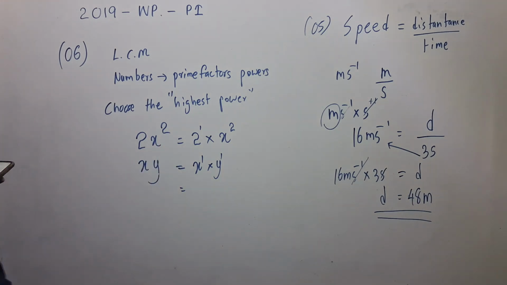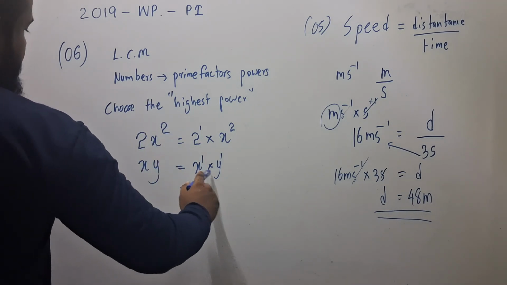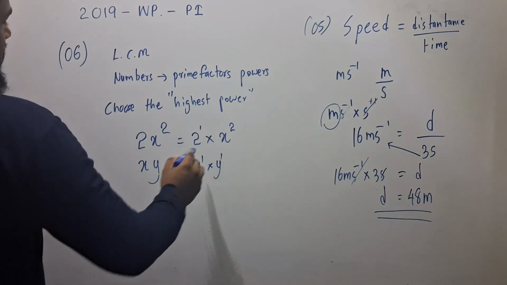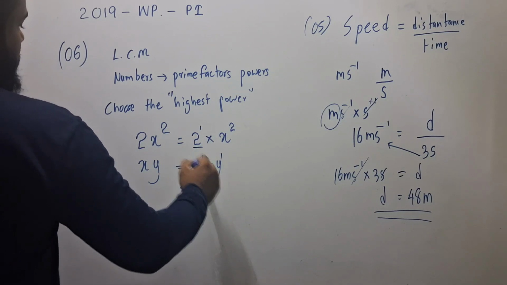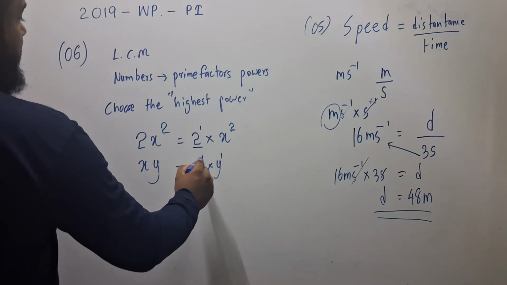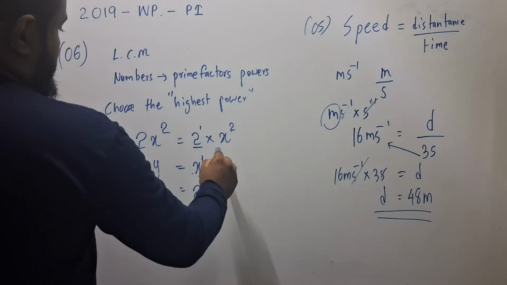So we have to choose every algebraic value and every number's highest power. When we consider 2, there is no higher power, only 2. When we consider x, there is x to the power 1 and x to the power 2. So we choose x to the power 2.